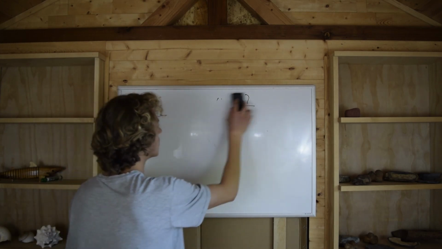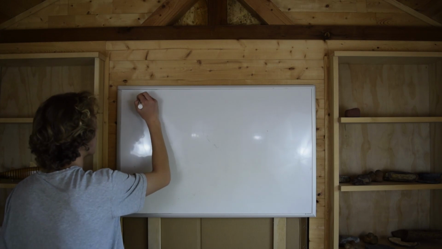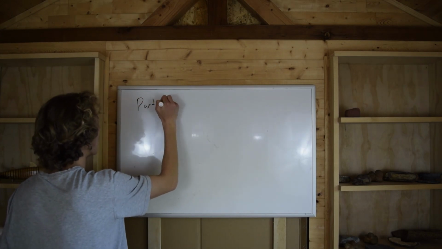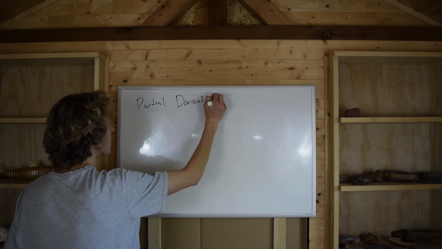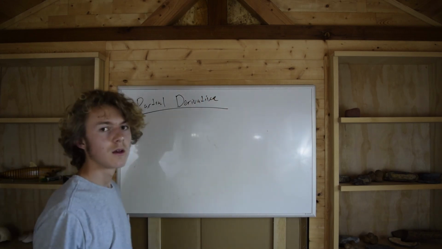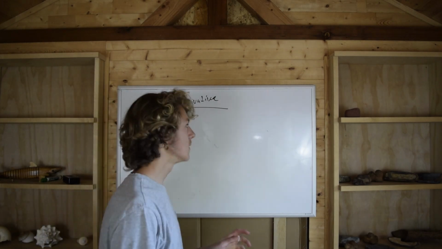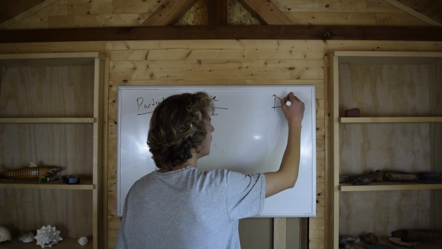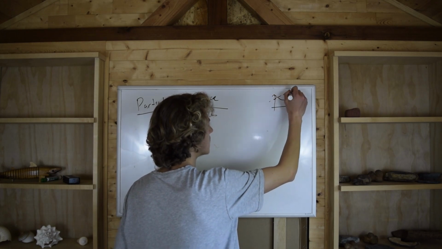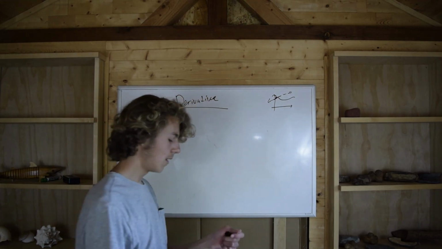And so I'm going to introduce what's called the partial derivative. Okay, so we're all used to the ordinary derivative, and all it does is it finds the slope. And I'll draw a little diagram here. We have a curve, and let's say this is our slope, this is at the point, and that's our tangent line.